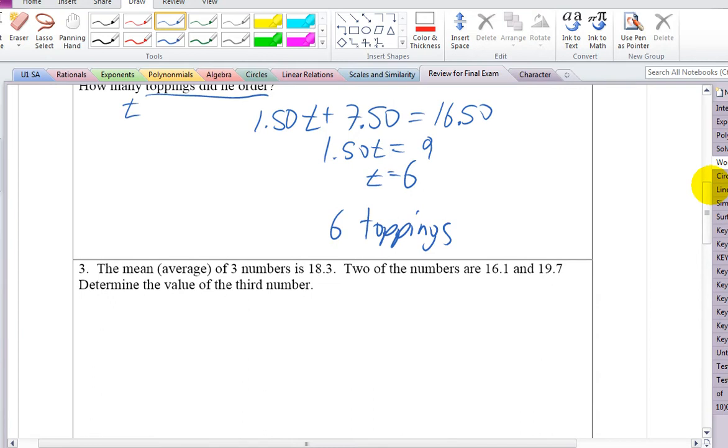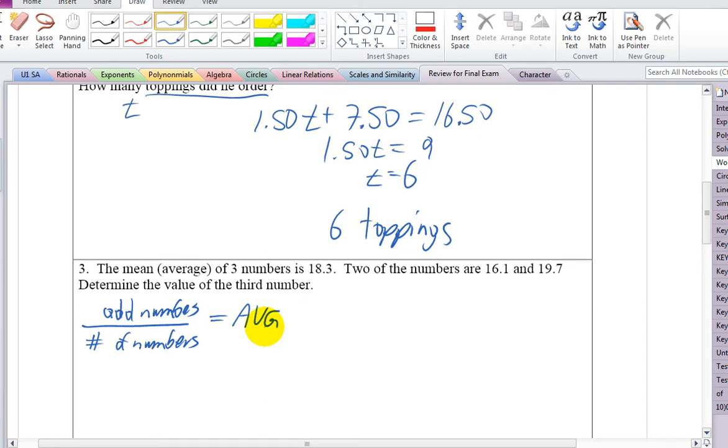Okay, here's another one. The mean or average of 3 numbers is 18.3. So to figure out the mean, you're going to add the numbers, divided by the number of numbers. That will give you your average.